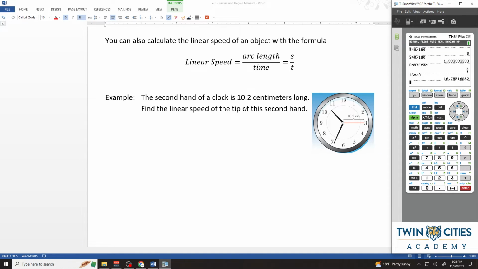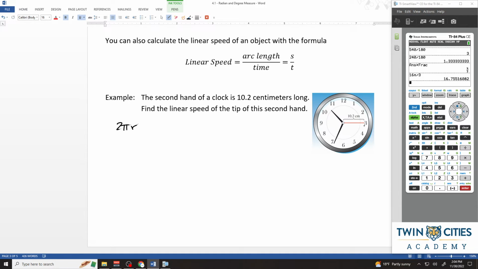So let's see. The arc length is a part of the circumference, or for a clock, let's find the entire circumference, because we know that the second hand is going to go the entire way around this clock. So arc length is going to be the same as the circumference, 2 pi r.